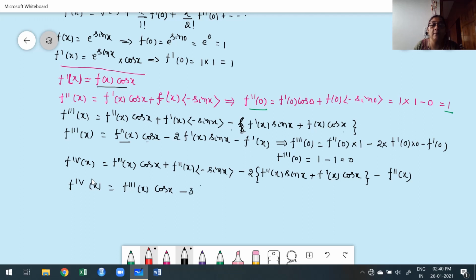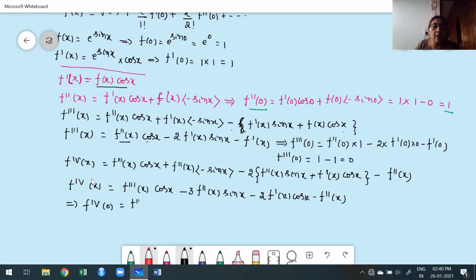We get 3 times f double dash of x into sin x. Minus 2 times, plus into minus, f dash of x cos x, minus f double dash of x. We can't simplify further, and we find the value of the fourth derivative at 0.